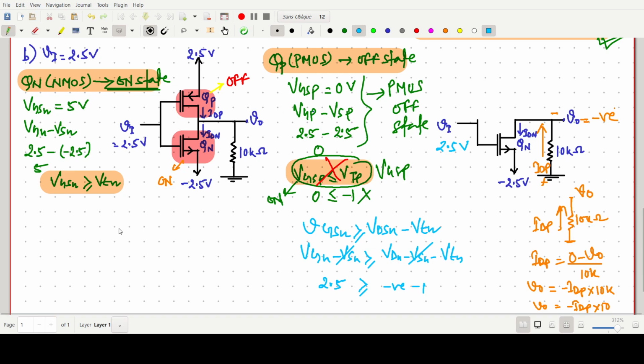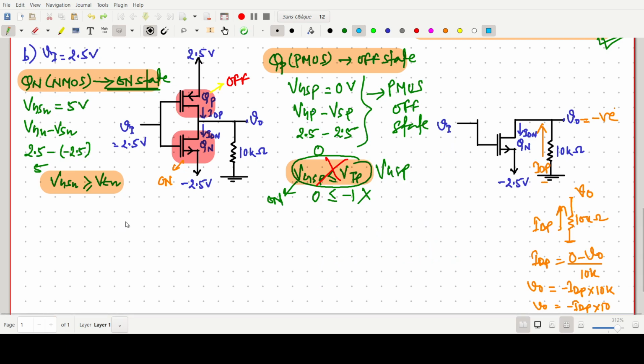Okay, sorry, there will be a small mistake. First we have to know the saturation condition. For saturation, the VDS value should be greater than or equal to VGS minus VTN. And for the linear region, VDSN should be less than or equal to VGSN minus VTN.